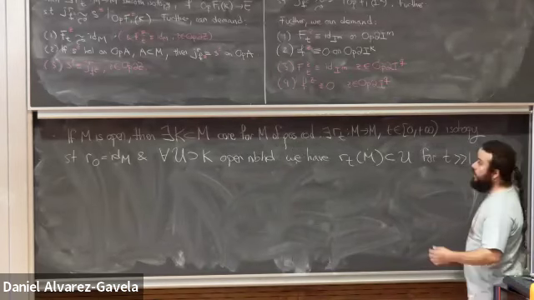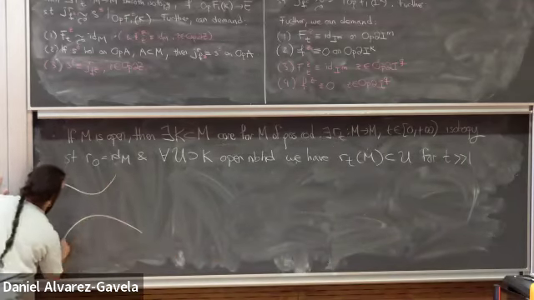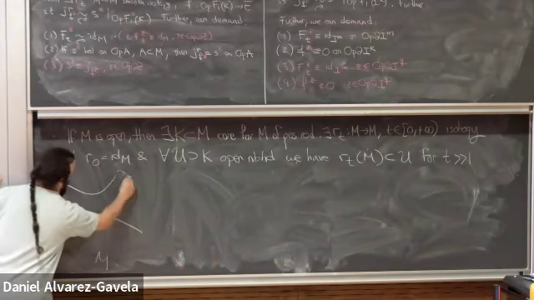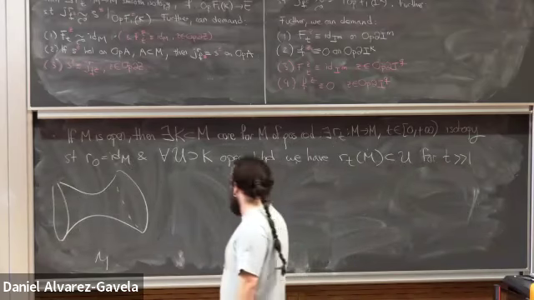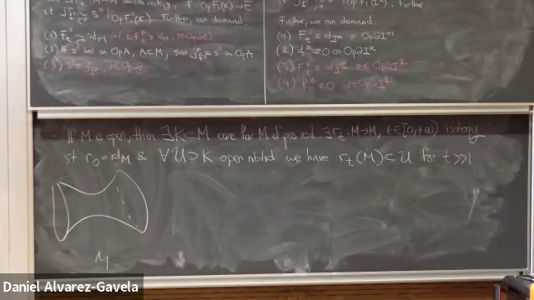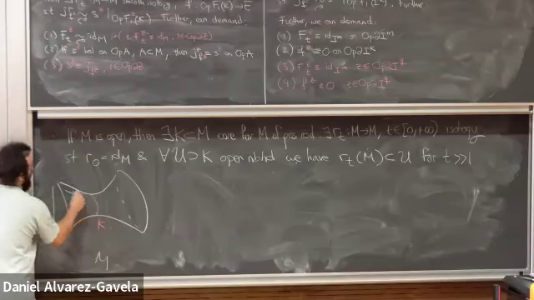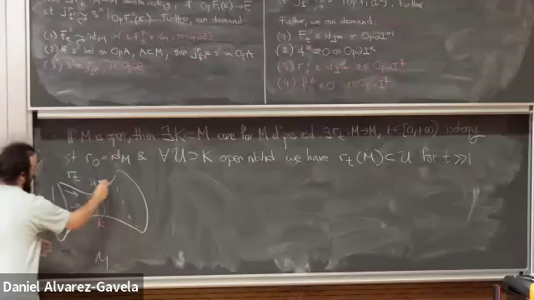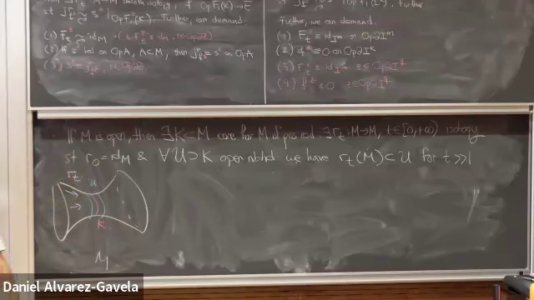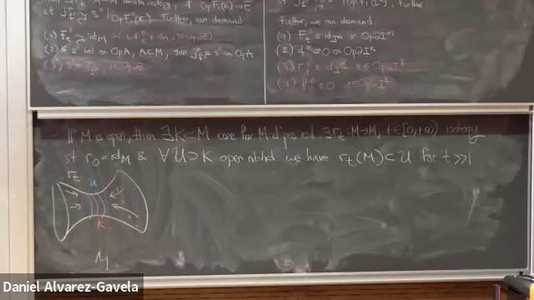Okay, so this isotopy shrinks everything into a neighborhood. That's M. This is a core, and there exists this isotopy R_t that will bring all of M into an arbitrarily small neighborhood U of the core.